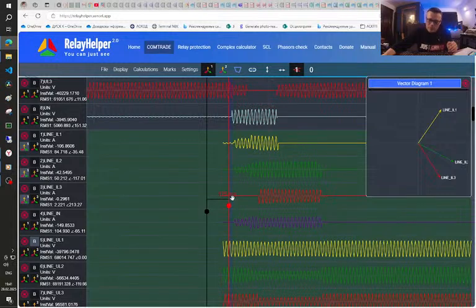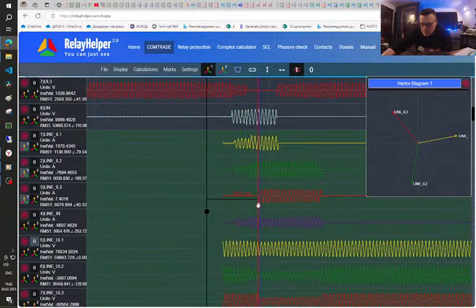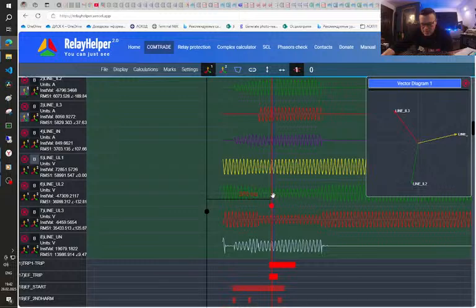In the beginning of that record we can also see that something strange is happening. During the fault in this case we see something like a three-phase short circuit, but actually the voltage decreased in only two phases. Phase A voltage is almost healthy.